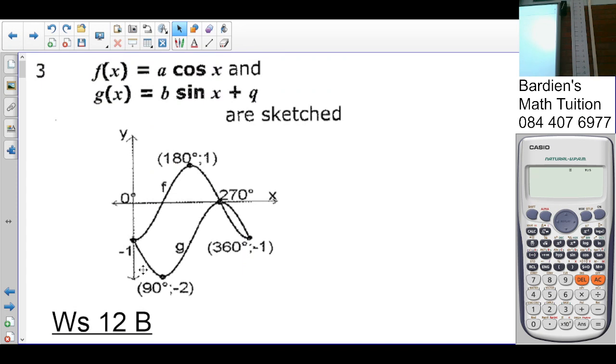So let's look at the f of x graph, which is this graph here. How many unknowns are there in the f of x graph? There's one unknown, a. So that means I just need one point on the graph to determine the value of a.